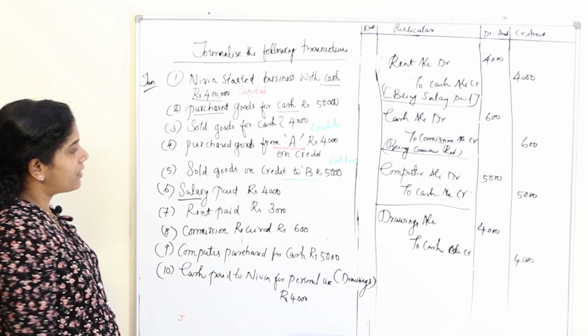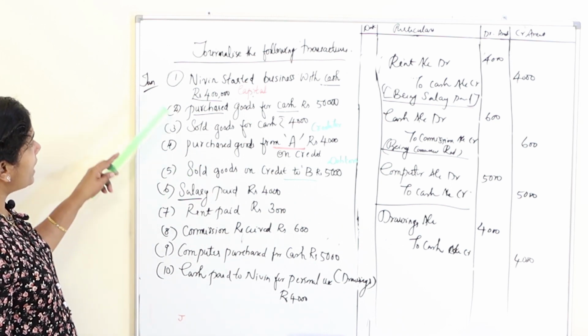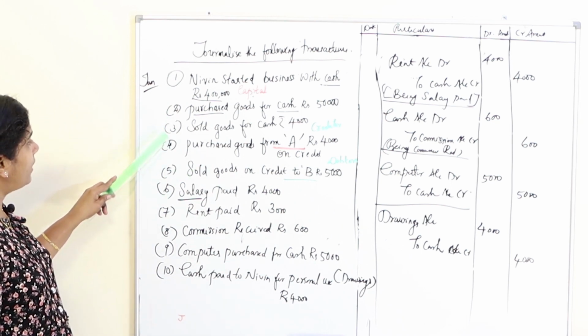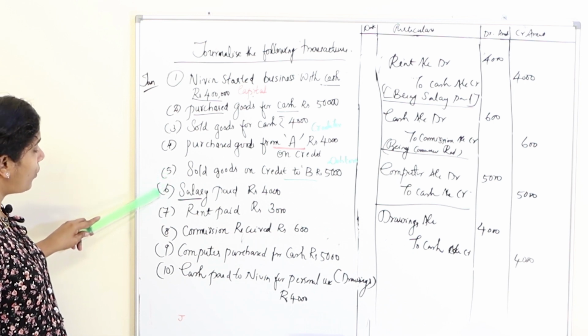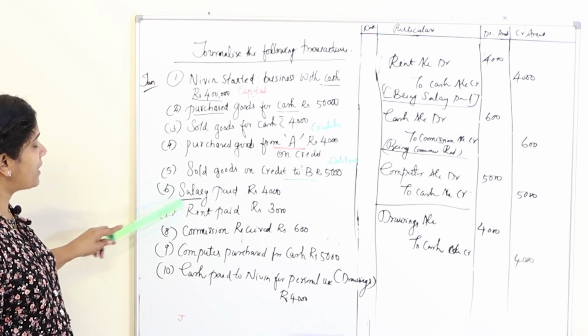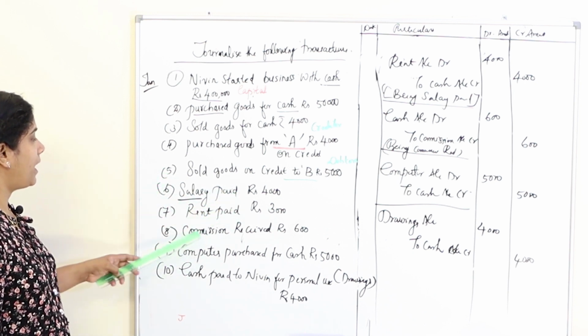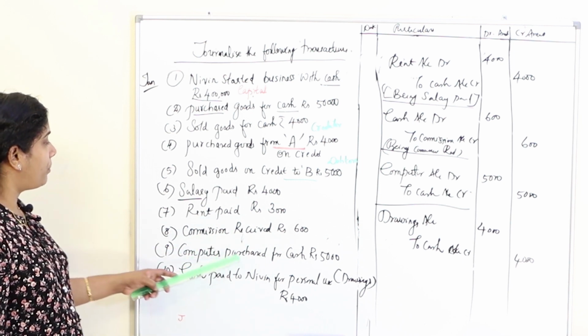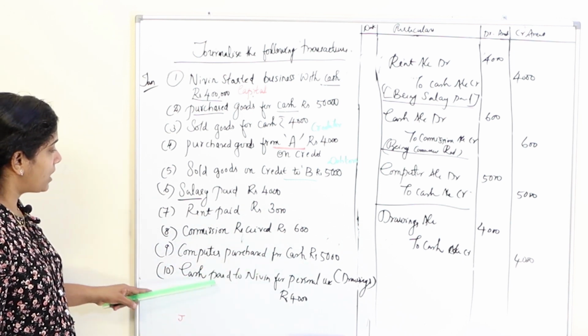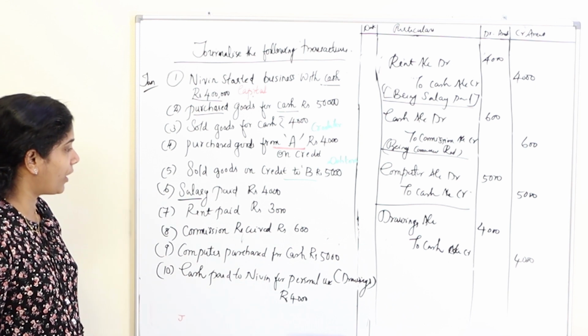Okay. So in this question, these are cash transactions: salary is paid, rent is paid, commission received, computer purchased for cash, cash paid to Nivin, so cash is going outside.